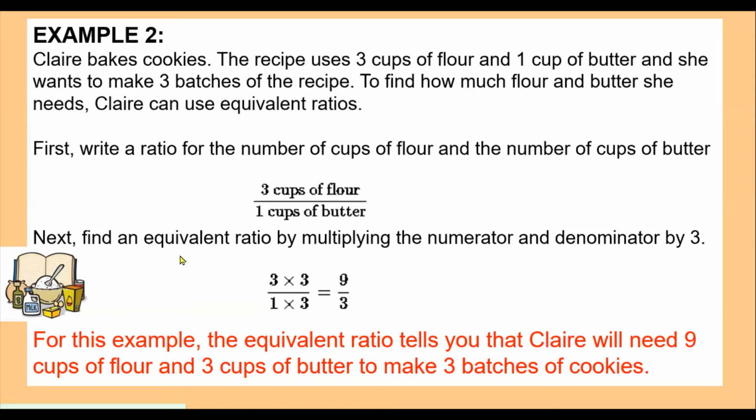Next, find an equivalent ratio by multiplying the numerator and denominator by 3 since Claire will make 3 batches of the recipe. The equivalent ratio tells you that Claire will need 9 cups of flour and 3 cups of butter to make 3 batches of cookies.